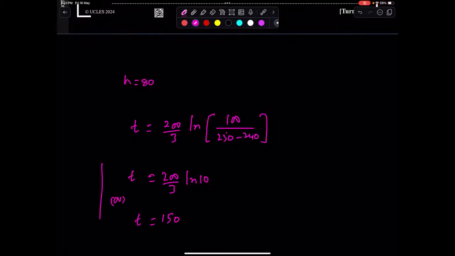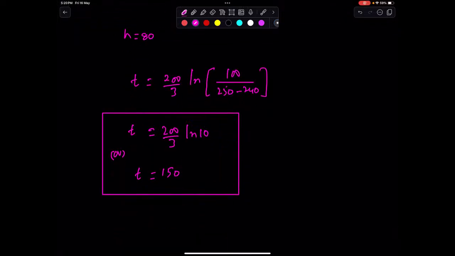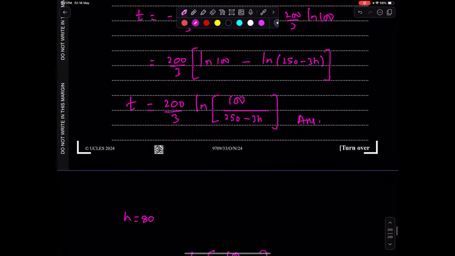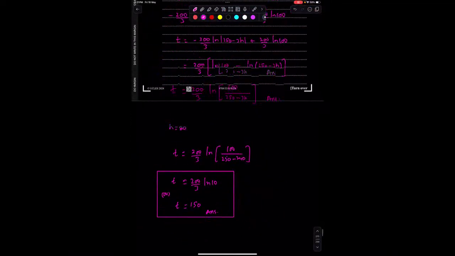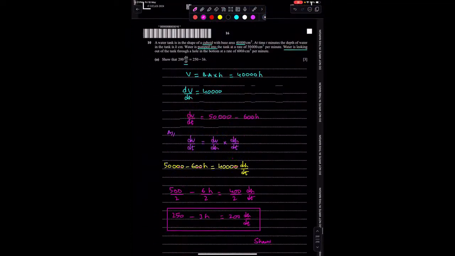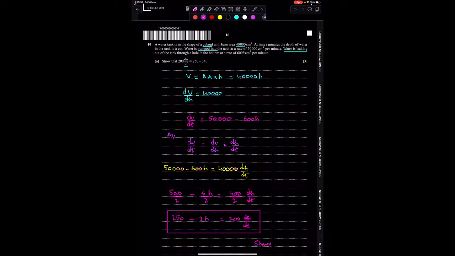So there are two answers, in terms of ln and numerical value. You should give the numerical value because it was mentioned to find the time taken when depth is 80. So this was another important question of differential equations, and inflow outflow was used in this question as well.